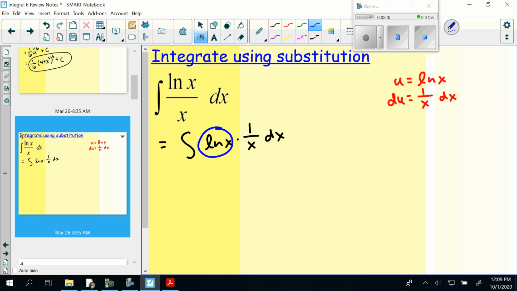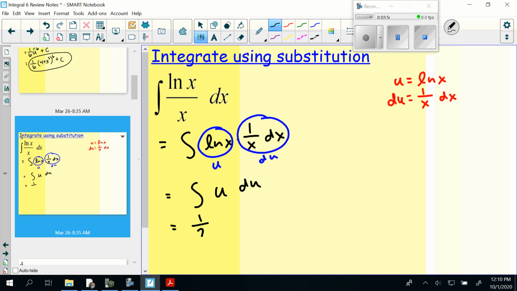This is going to become our u. This is going to become our du. So now we have the integral of u du, which using our power rule here is 1/2 u squared plus c. Now substitute back in and we got our answer. It would be 1/2 (natural log of x) squared plus our constant.